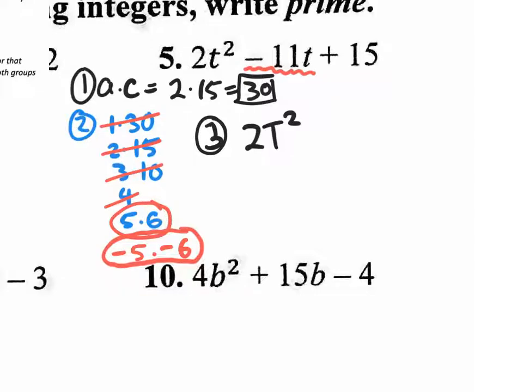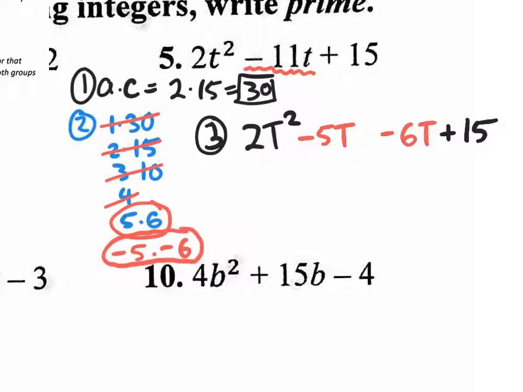So instead of negative 11t, I'm going to write negative 5t and negative 6t. So let me write it as minus 5t and minus 6t. And at the very end, my c value on the original is 15, so I bring down that plus 15. So I've converted my 3-term quadratic trinomial to a 4-term quadratic polynomial.